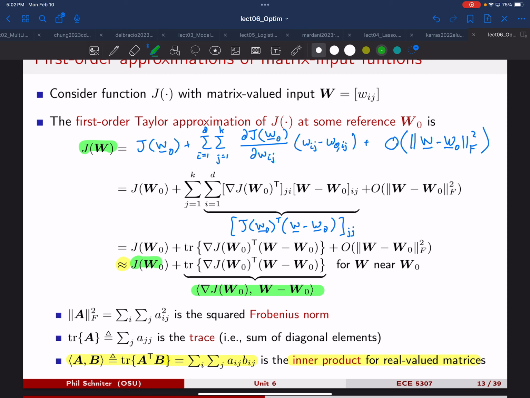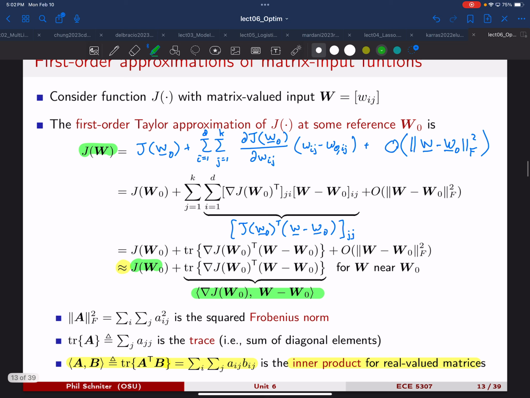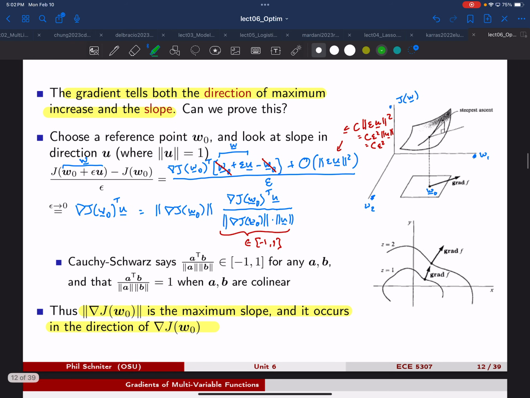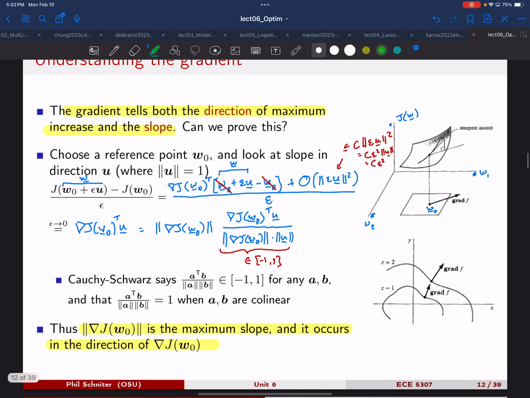Okay, all right. Any questions? Yes? So how do you choose the reference? The reference is going to depend on what you're analyzing. When we were applying these ideas, we said we're at a point, and we're moving in some direction U from that point.